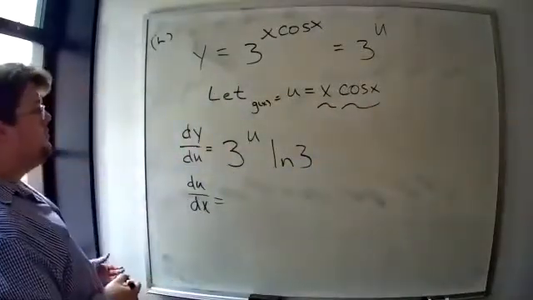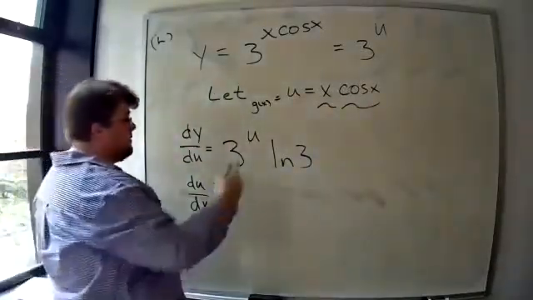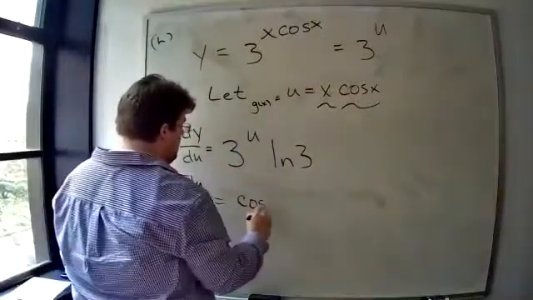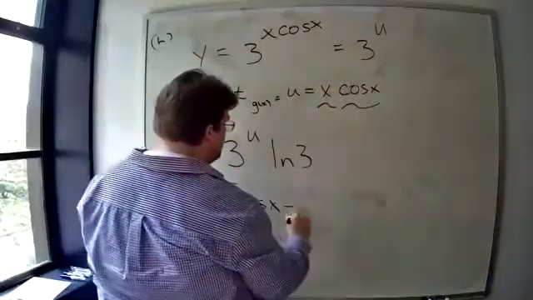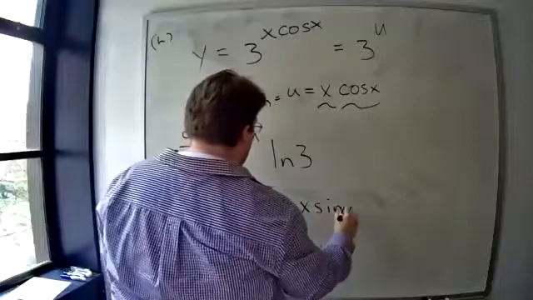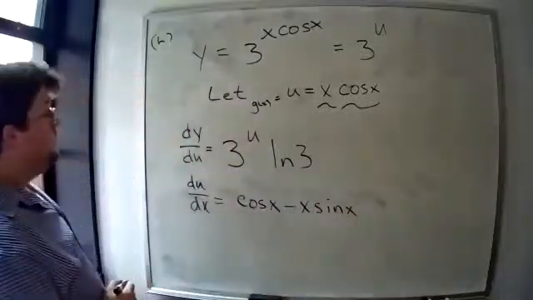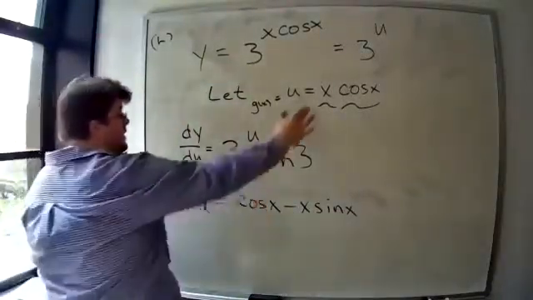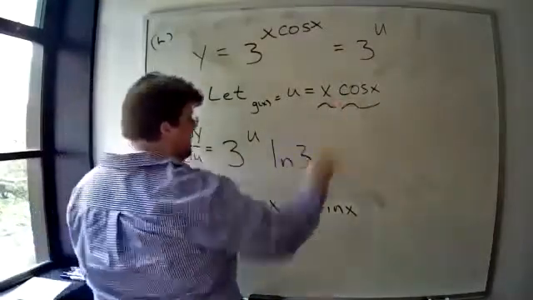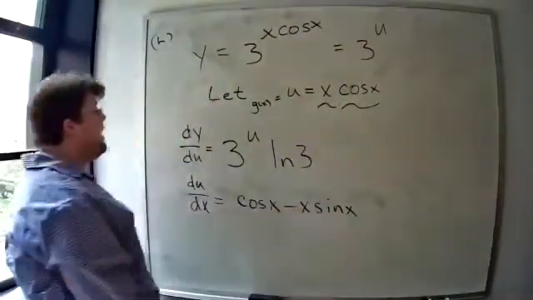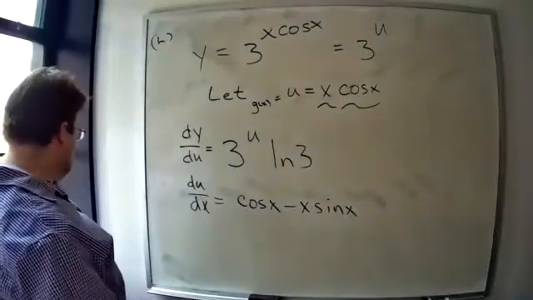So we're going to need a product rule. Derivative of x is 1. Derivative of cosine x is negative sine of x. So for du dx, derivative of x is 1, derivative of cosine is negative sine of x.